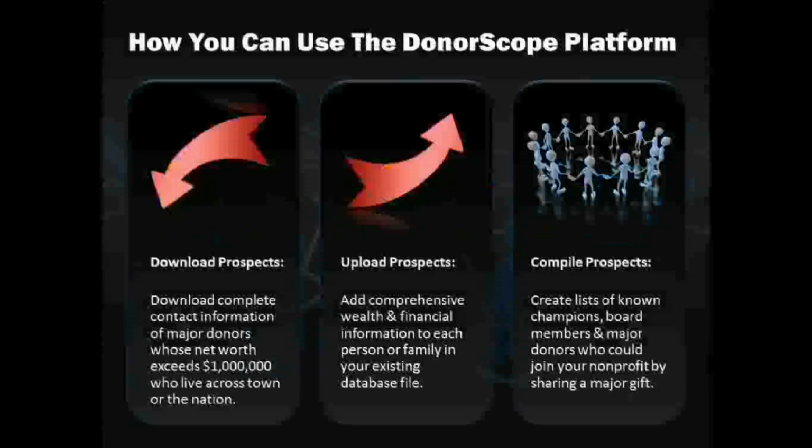And then finally, not only do we download prospects, not only do we upload our own internal file, but we also teach you at DonorScope how to compile key lists that already exist and that are public in your community that you want to use, and cross-reference the new file, the new names that you download, and the new names that you upload. So at DonorScope, we do 3 things.